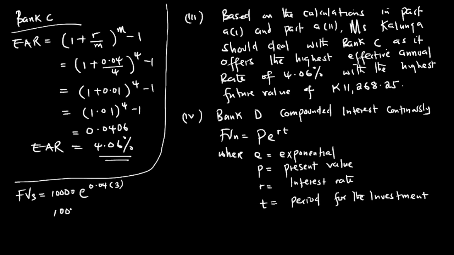So 10,000 exponential 0.04 multiplied by 3, that will be 0.12 there. So future value, if we were to punch that on the calculator, is going to give us 11,274.97.